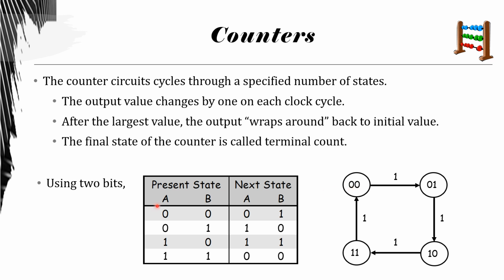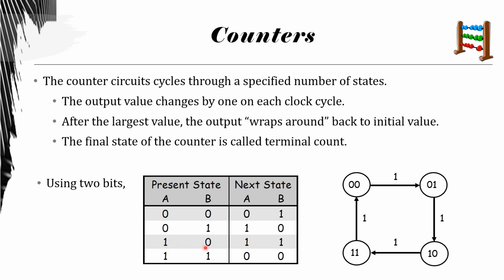Now let's look into a 2-bit counter. Initially, the state of the counter is 00. We move to the next state by adding 1. To 00, by adding 1 on the active clock cycle, it changes to the 01 state. Now 01 is the present state. To the 01 state, we add 1 to get the next state, so we reach the 10 state.